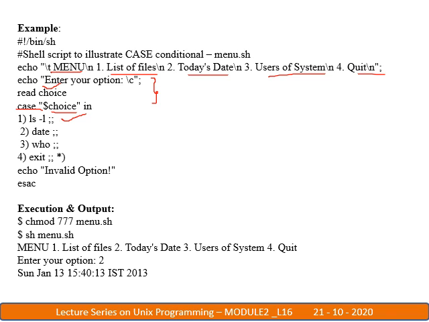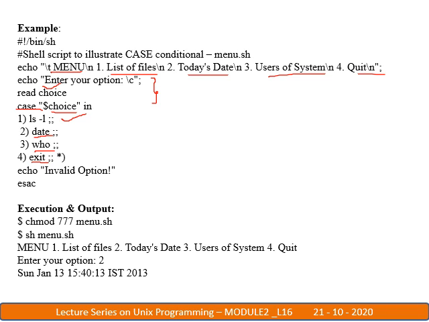Same thing with today's date: we have the date command at the second pattern, the third one is who, which lists the users of the system, and the fourth one is for quit. For quitting we have the exit command in shell programming.